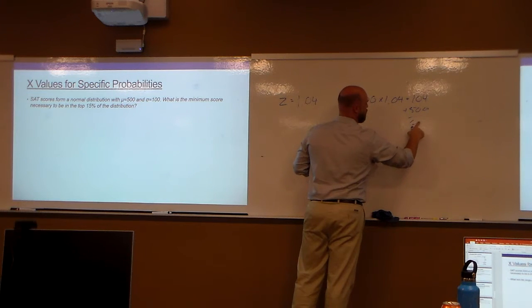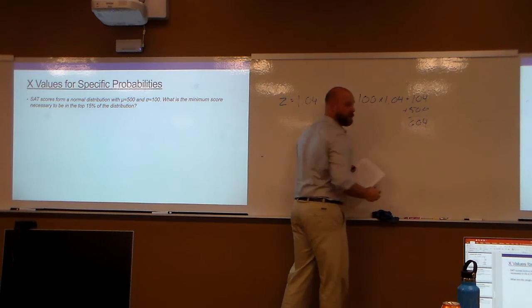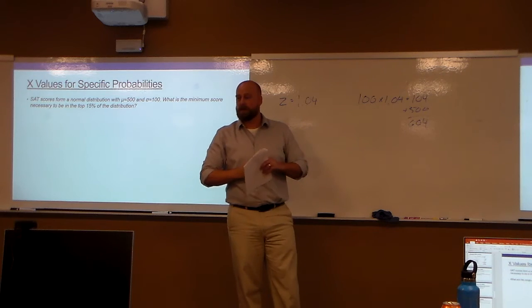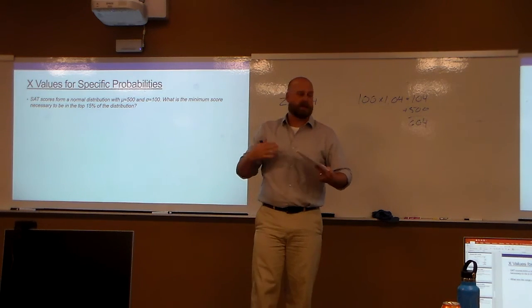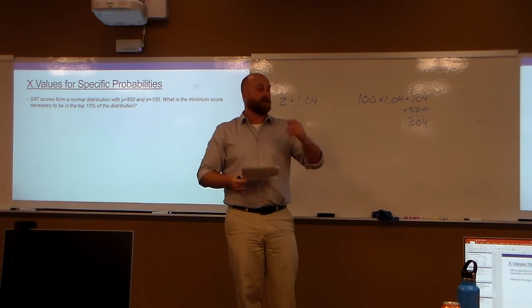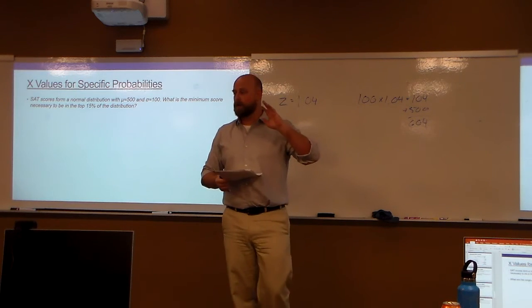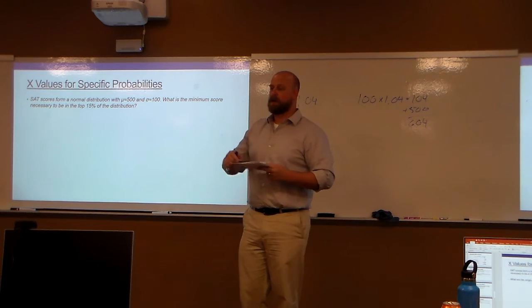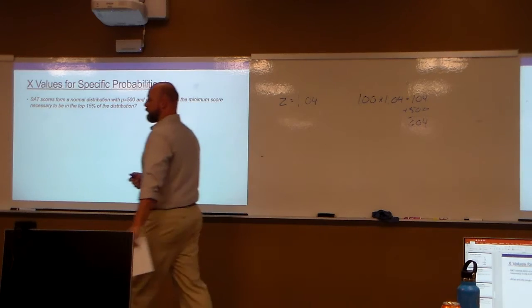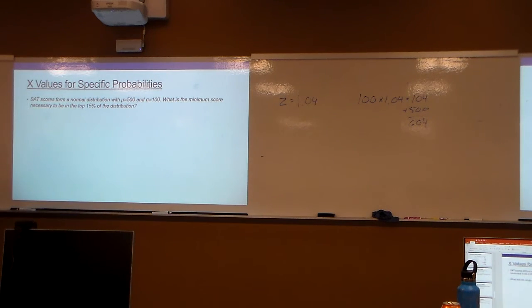I got 604. Okay. So some of these you can do in your head, and the nice thing is thinking about things more conceptually. You can also crank it all out by reformulating the z-score formula if you like, and I would encourage you, some of them you'll have to do that.